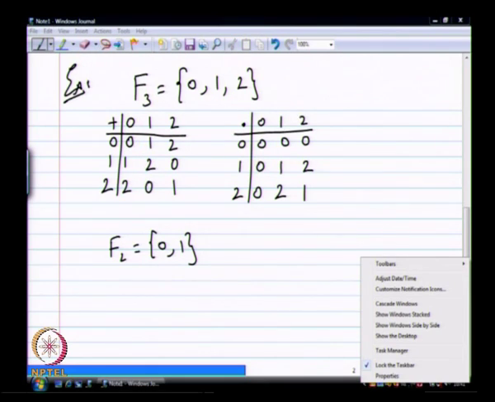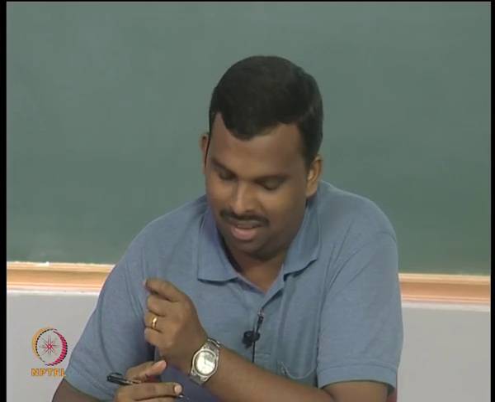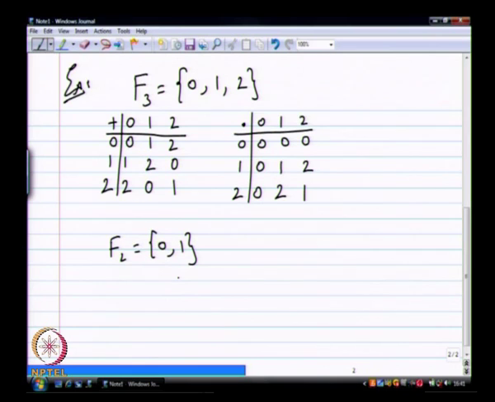It is very tempting to say F2 is contained in F3. As sets it is true, but in actual nature it is not true. So why is it not true? The 1 in F2 is very different from the 1 in F3. I want you to think about that for a while, and then I will tell you why that is true. So you cannot think of F2 as being a subset of F3. This is a wrong notion.